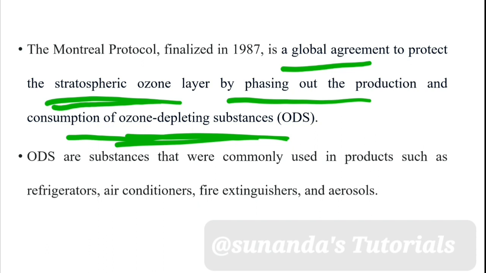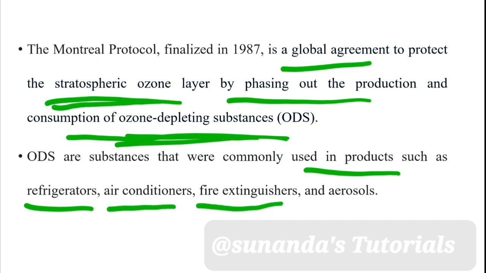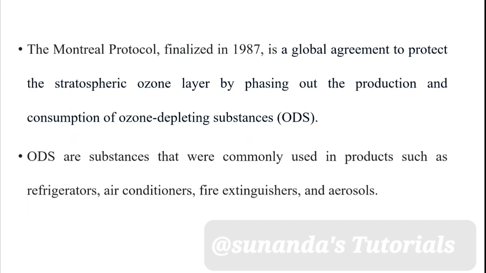These ozone depleting substances were commonly used in products such as refrigerators, air conditioners, fire extinguishers and aerosols. So this Montreal Protocol is a global agreement between many countries to protect the stratospheric ozone by phasing out or lowering the production and consumption of ozone depleting substances. So it is all about greenhouse gas and greenhouse effect.